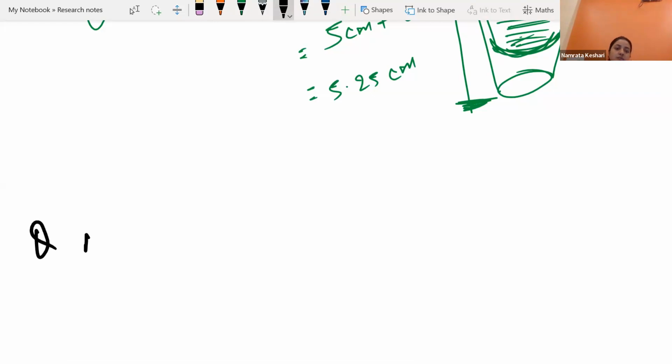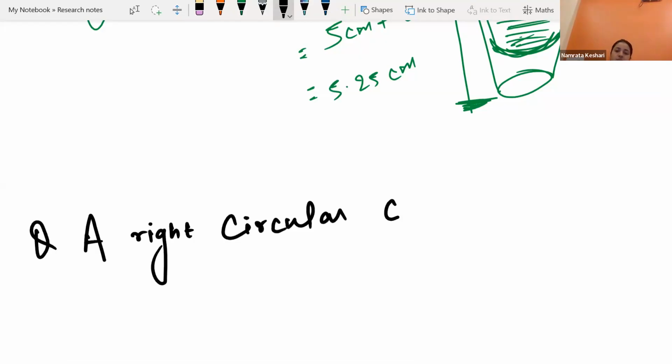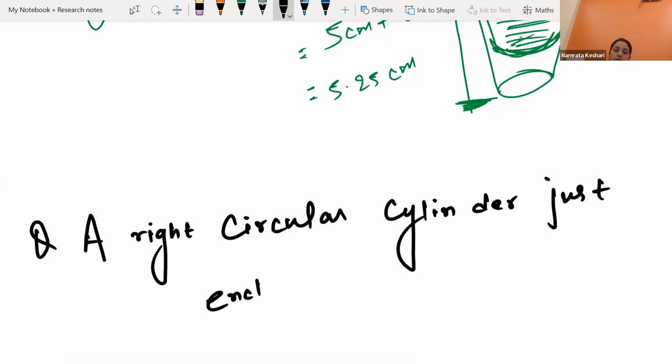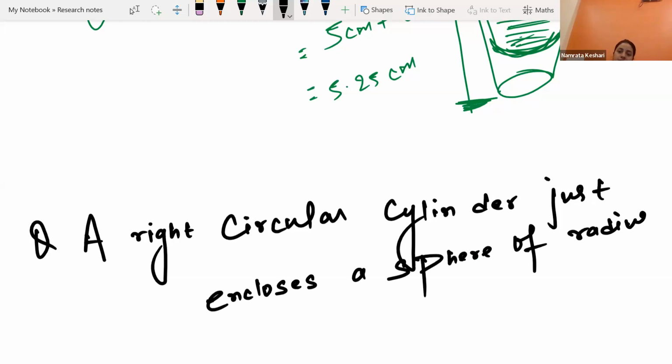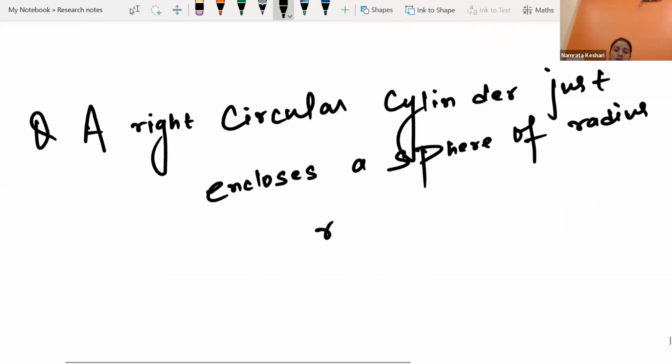A right circular cylinder just encloses a sphere of radius r. Find the surface area of the sphere.